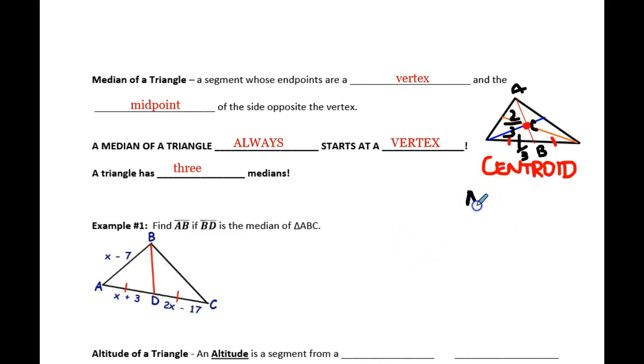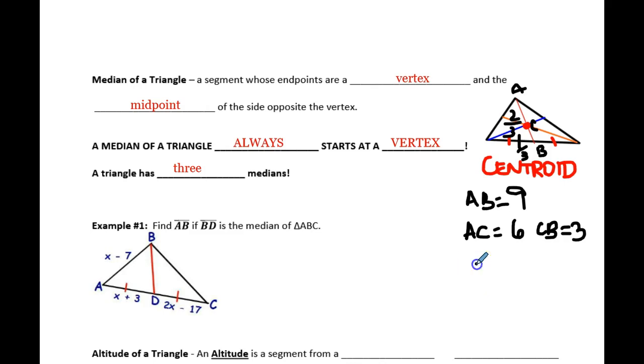If I told you that AB equals 9, then you could tell me that AC is 2/3 of 9, which is 6. And you could tell me that CB is 1/3 of 9, or 9 divided by 3, which would be 3.